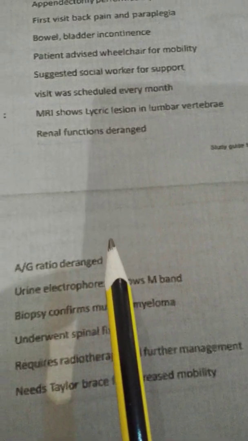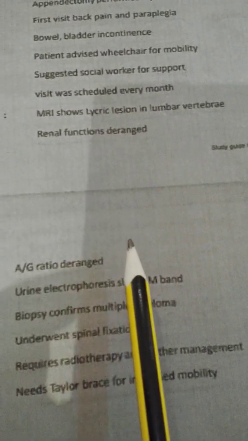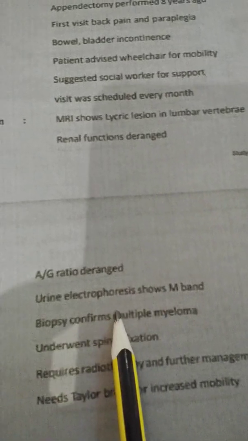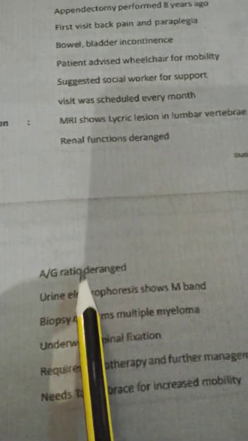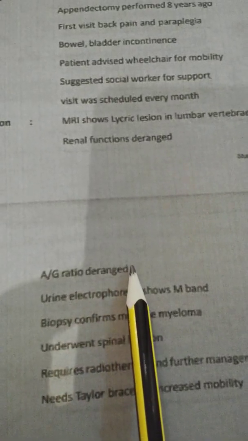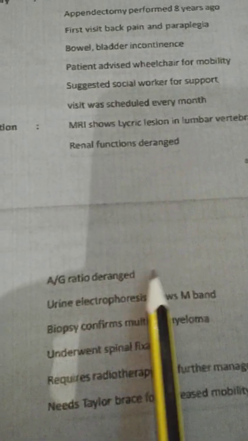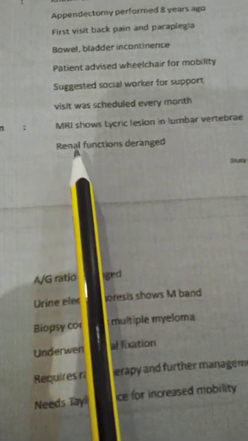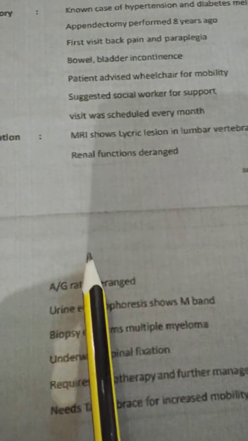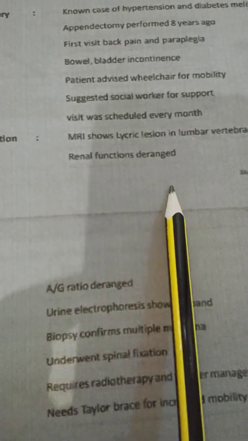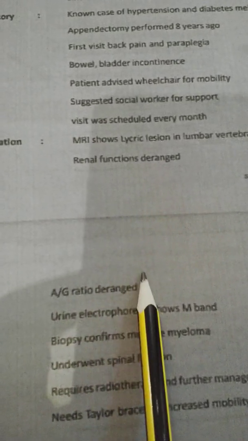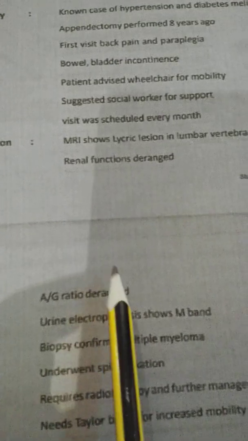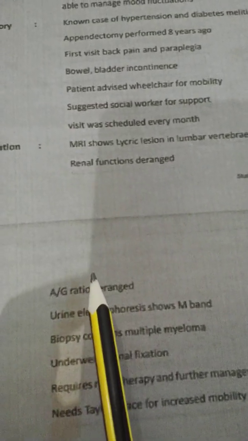So apart from that, his renal functions and albumin to globulin ratio were found to be deranged. Why did we use were? Because we mentioned two factors, renal functions and also the A/G ratio. So that's why we used were, or if it was only one, we can use was deranged.